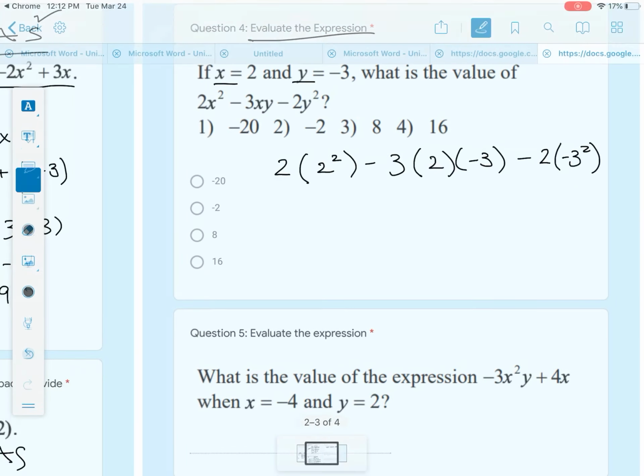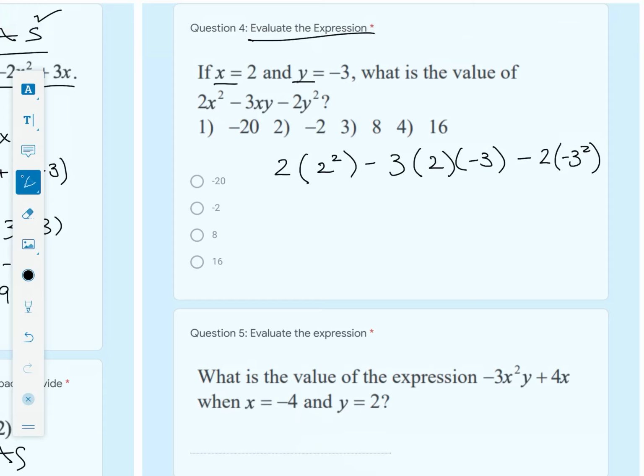And there we go. So again, I've substituted all my y's and all my x's in the appropriate spots. And now I can go ahead and try to calculate.